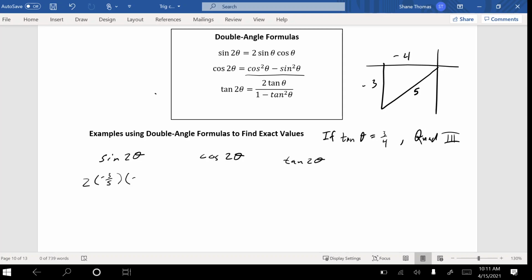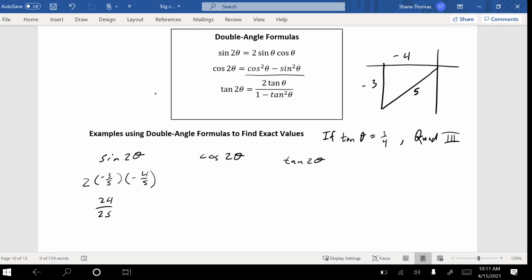Negative 4/5. Okay, and we just multiply it through. Multiply the tops. You have 2, 3, 4. You have positive 24 over 25. That sound right? Who all got that?